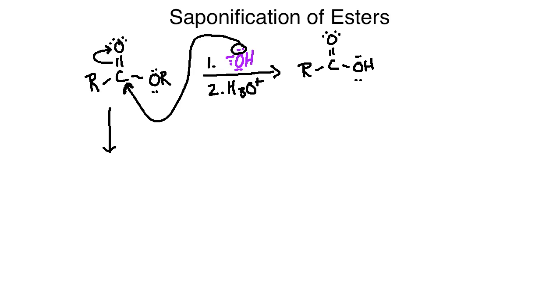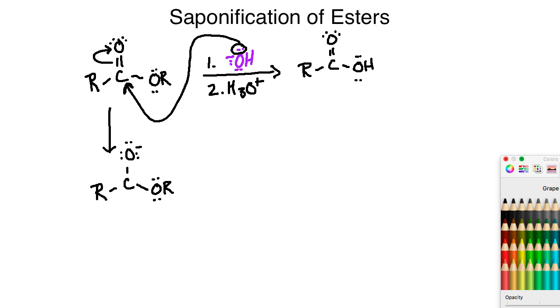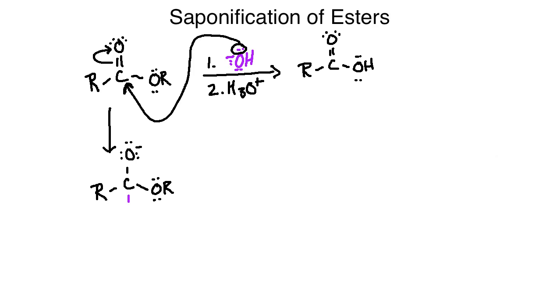So what we're going to take a look at here is something that would look like this. Okay, so here's the OR. And then we've got the OH that's coming down here. All right, so the key to this is that we are looking for the OR group to leave and the O minus portion there to reform the pi bond.